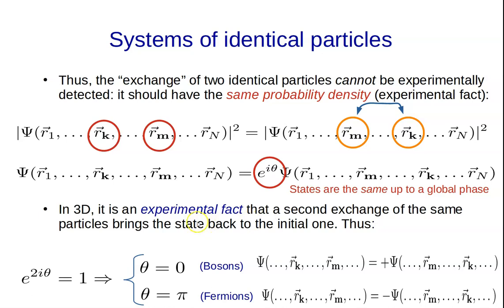So keep in mind that what I just mentioned is valid strictly in 3 dimensions. And in 3 dimensions, yes, you only have either bosons or fermions, as far as I know. But, again, this is remarkable, because it's a symmetry of nature, in a sense, that tells you that this phase is fixed.